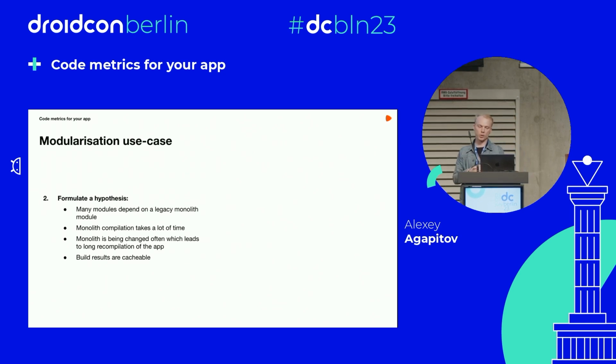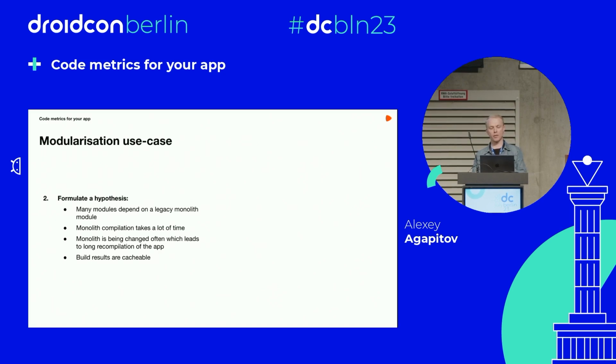So as I said, we wanted the work of the different teams to be running in parallel and not affect each other. And the most important thing, which is kind of implicit in each slide of this presentation, is that the results of the compilation from Gradle need to be cacheable.